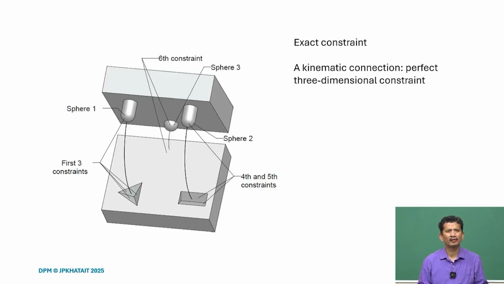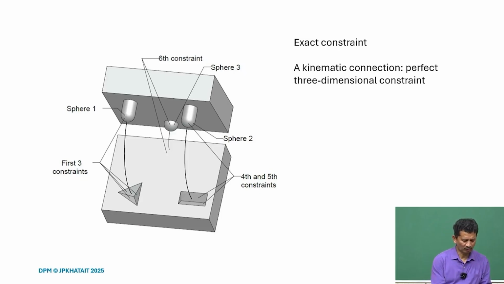So, once we start with this, when we see this kind of configuration and we want to design a kinematic connection or kinematic clamp, many times it is a common choice. What we see here are 2 different kinds of patterns in the top plate and bottom plate.